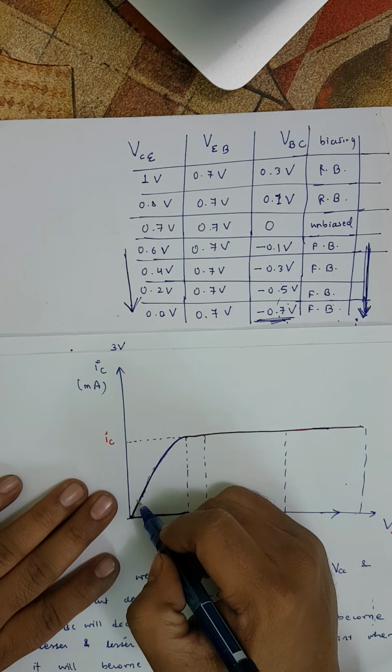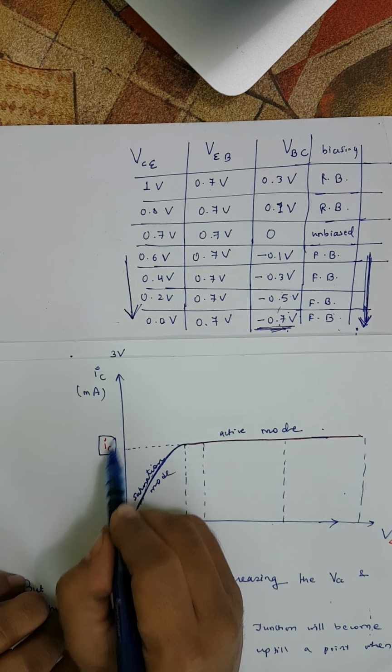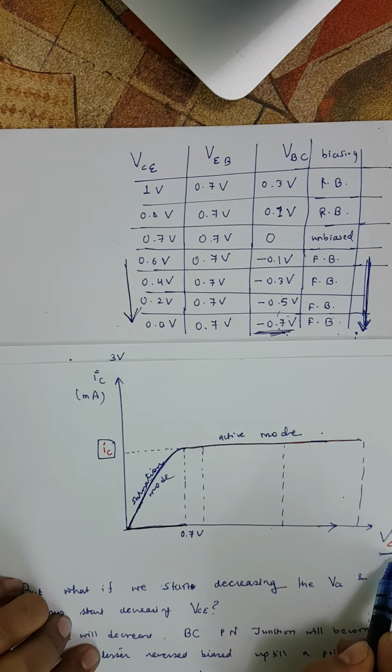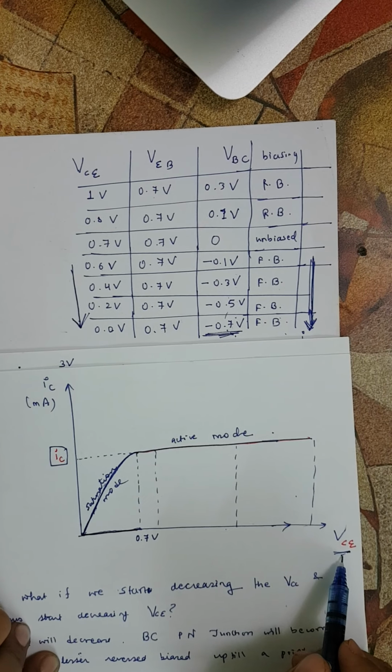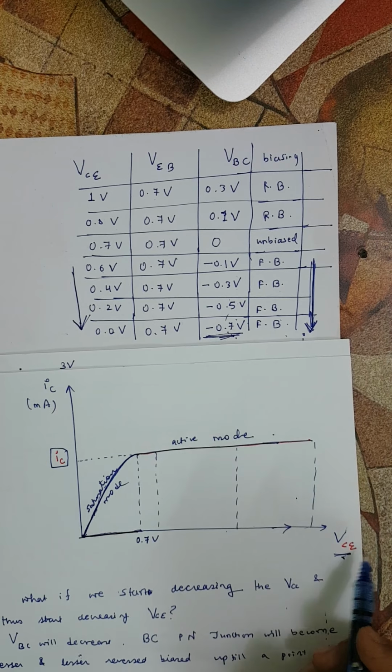So in this saturation mode, what is controlling this IC? This VCE here. VCE is the controlling. So as we keep decreasing VCE, IC will decrease. So now we understood properly what are the two modes.